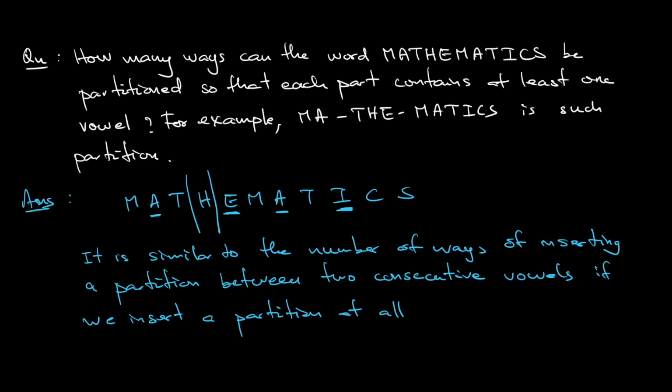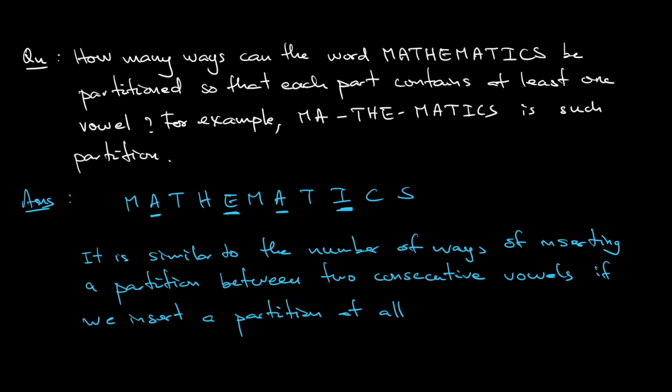I would not have this. If I do this, you notice H alone, this part does not have any vowel there. But in fact I can choose not to put a partition at all between A and E. That means that both vowels are in the same part.